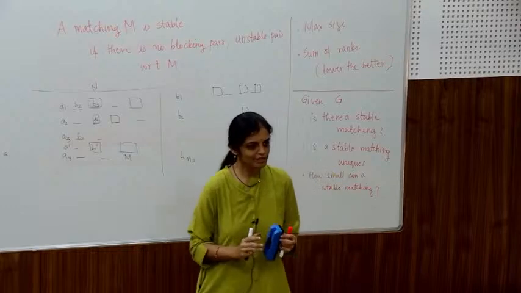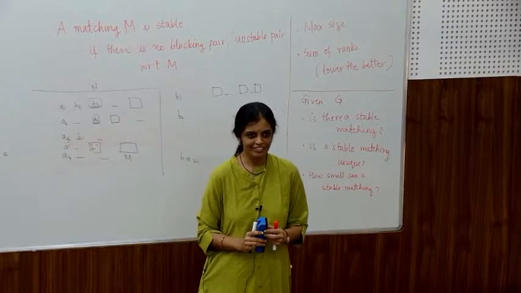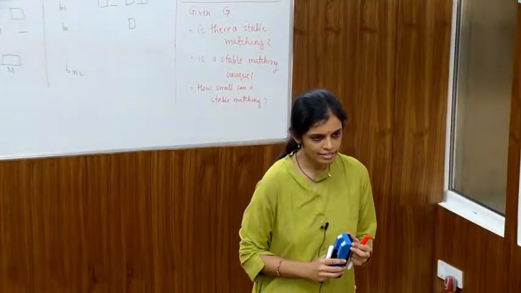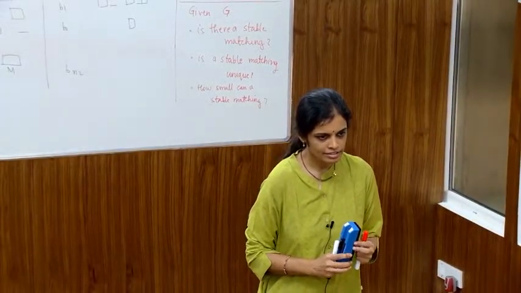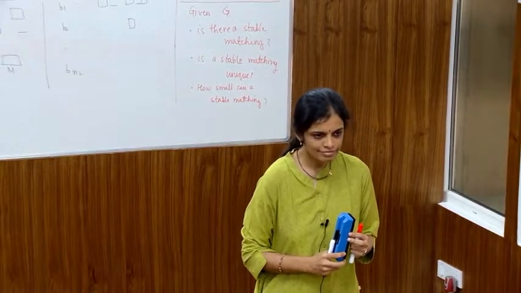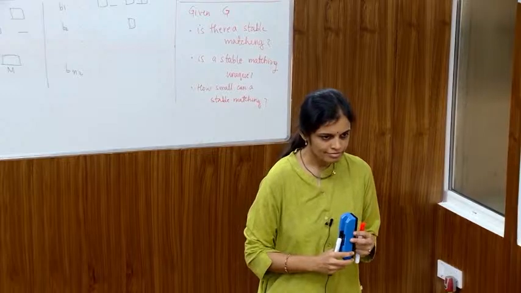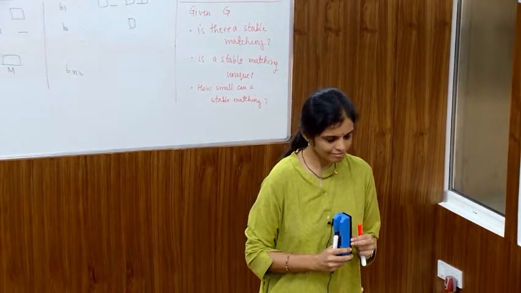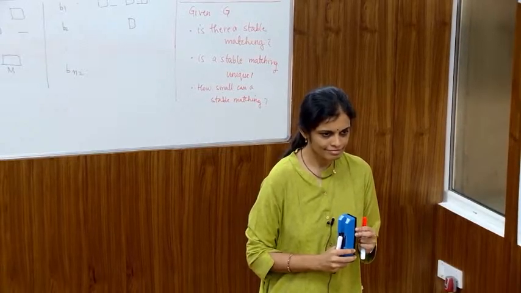Maybe I'll stop here. Yes? We have seen that one side gets its best stable partner while the other gets its worst, and there may be a concern that B is getting the worst.